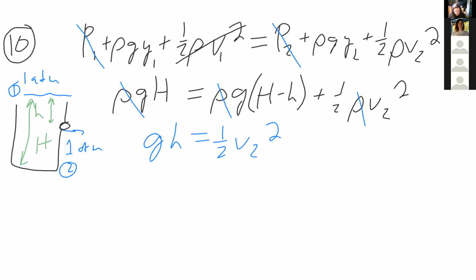This isn't going to look any different than what we've solved for before. You ultimately get that v2 is equal to the square root of 2gh. That should look identical to some calculations that we've done before, which is good. That means that the physics checks out.